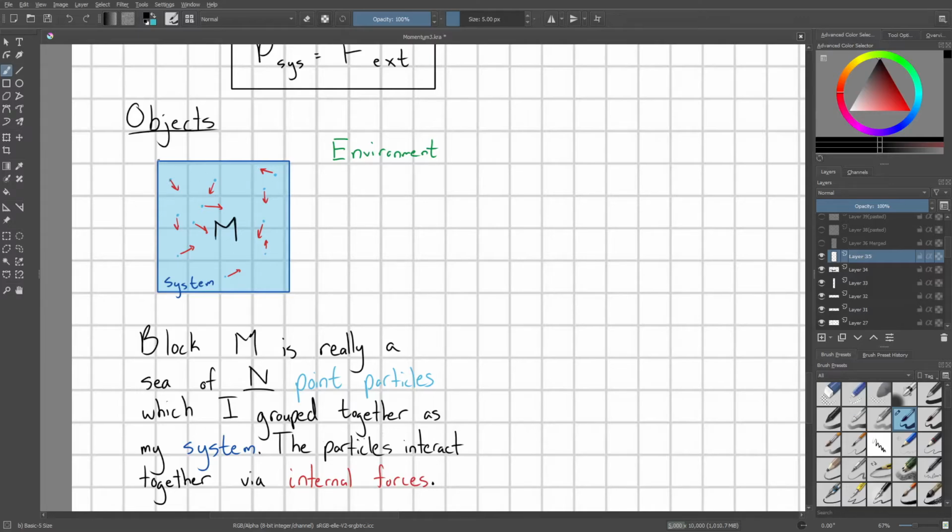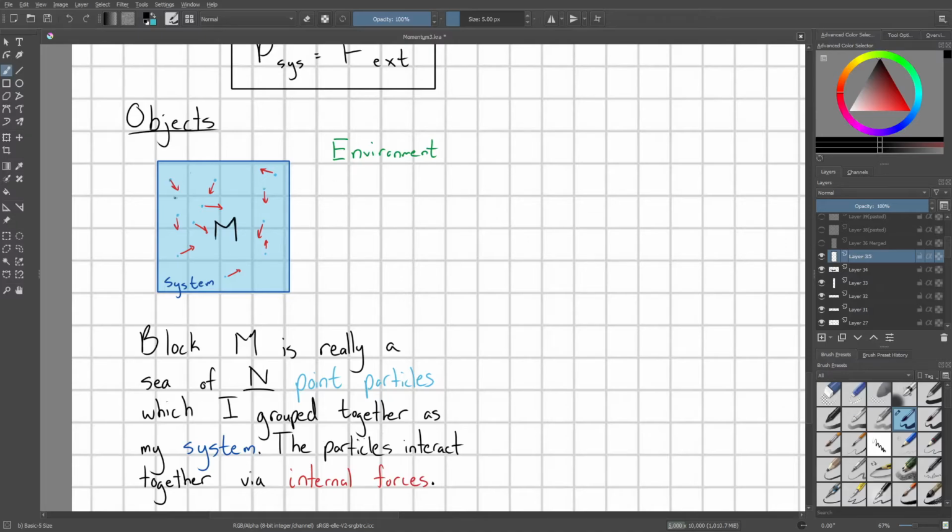And then we happened to box that in our system. We made a convenient choice for defining our system. And all of these particles are just interacting with each other by internal forces, which are the red arrows here. I tried to color code what I'm saying here.